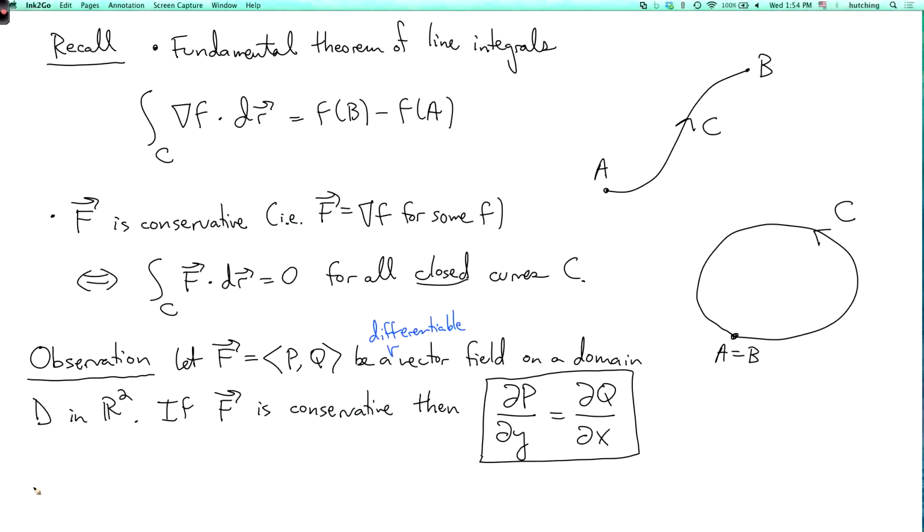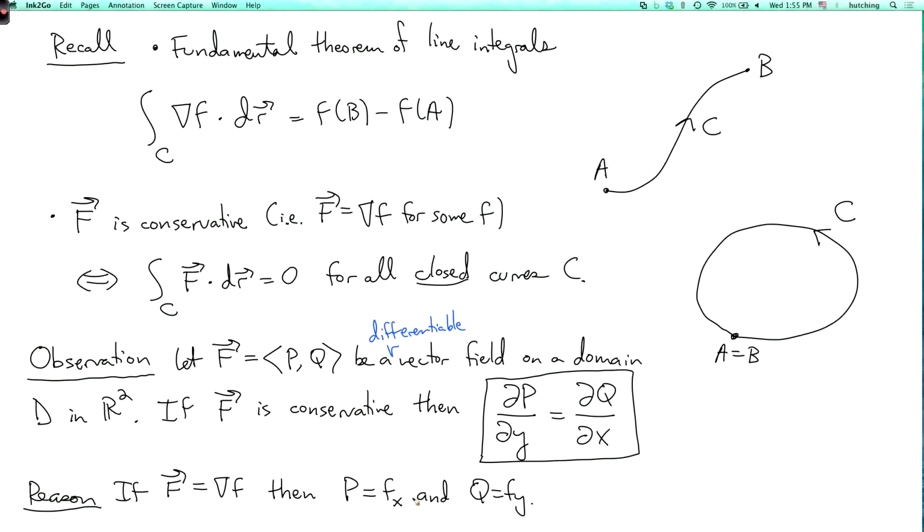And why is that? Well, if capital F is the gradient of lowercase f, then that means P equals f_x and Q equals f_y. And then what is dP/dy?